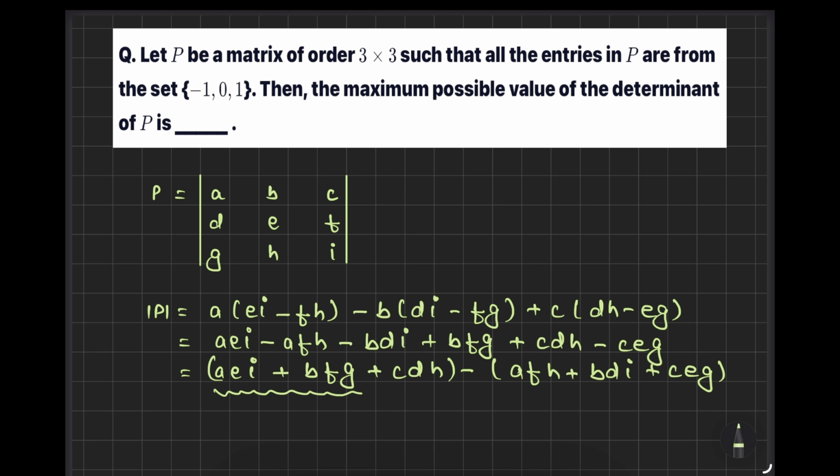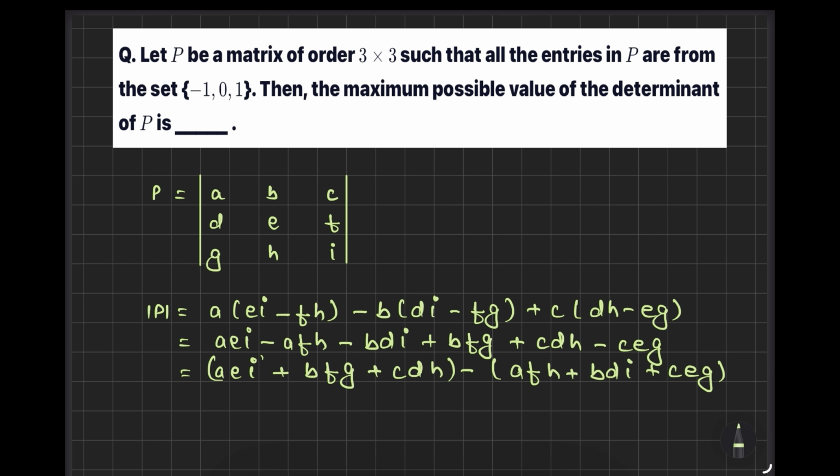If you observe this box, as we have already discussed, it contains all the elements of matrix P: A, B, C, D, E, F, G, H, I. So it has all the elements, correct? And this also has all the elements.